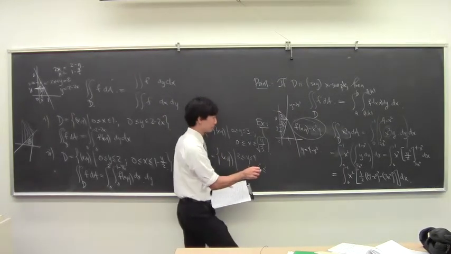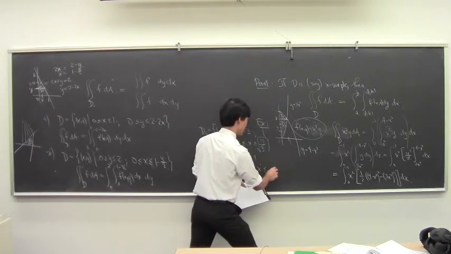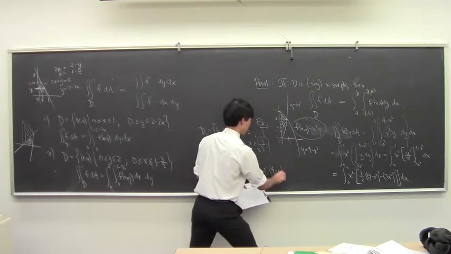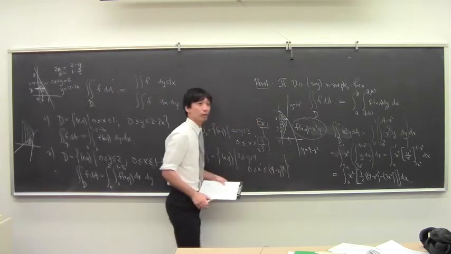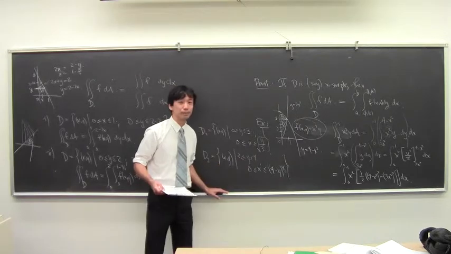The square root of 4 minus y. Right, the square root of 4 minus y, which is positive since y is between 3 and 4.